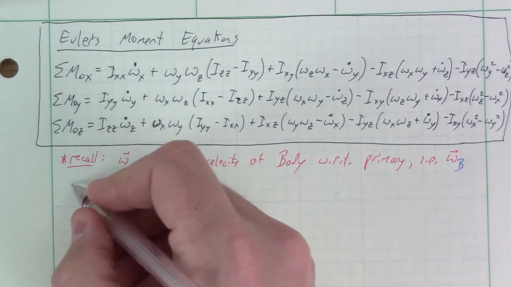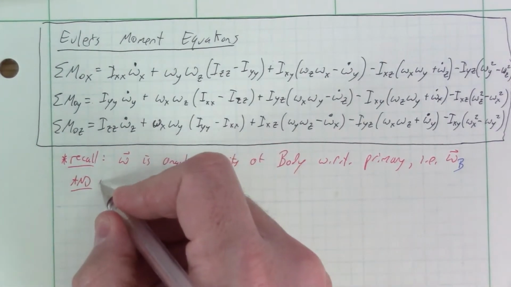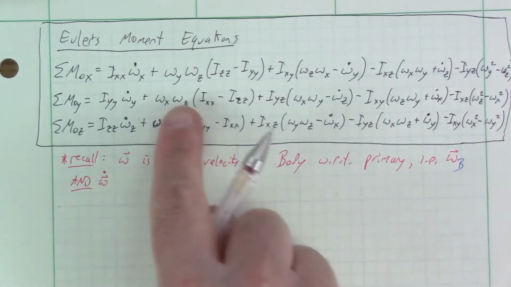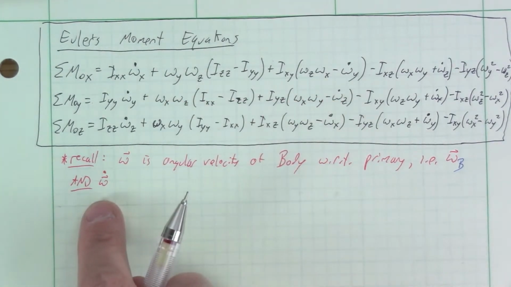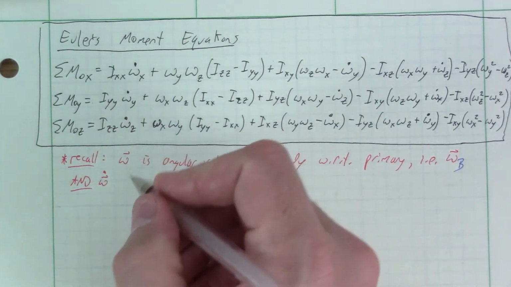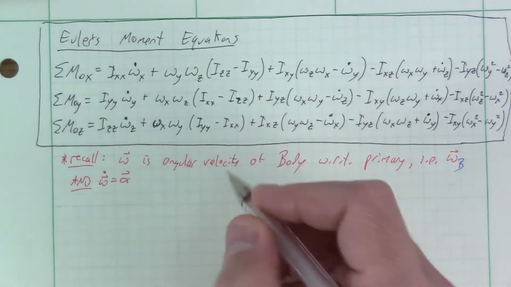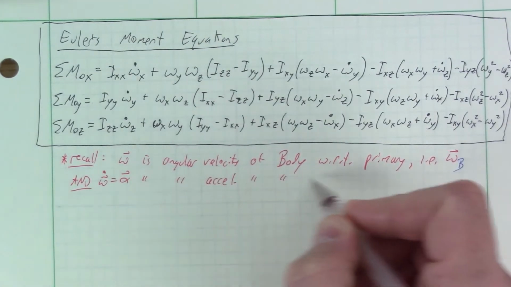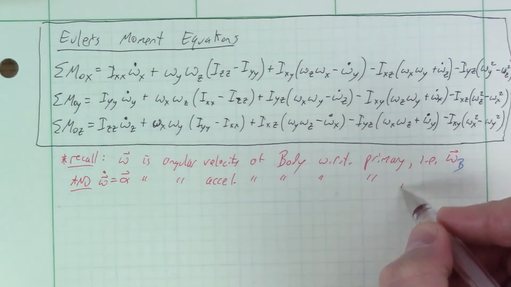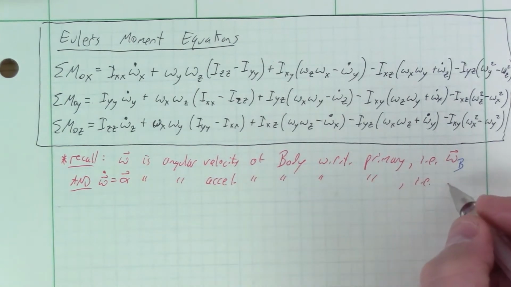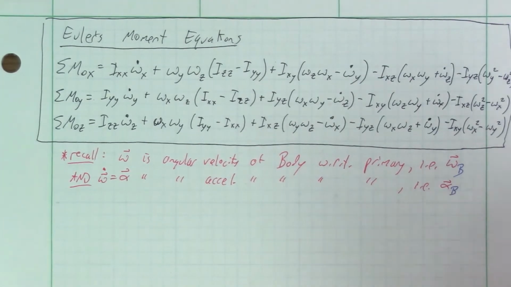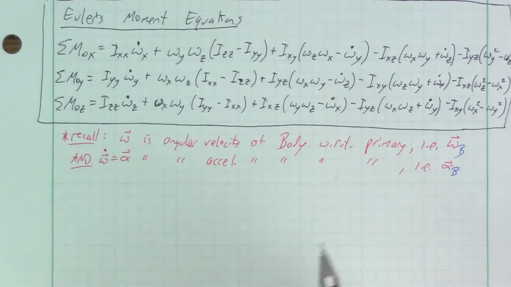And when we have omega dot and the different components of omega dot, omega just means omega x, omega y, omega z are the components of that. Omega dot is our angular acceleration, and that is the angular acceleration of the body with respect to primary. We should be writing angular acceleration of the body, or we could be. We just choose to leave it off from now on, because that's the only omega word.